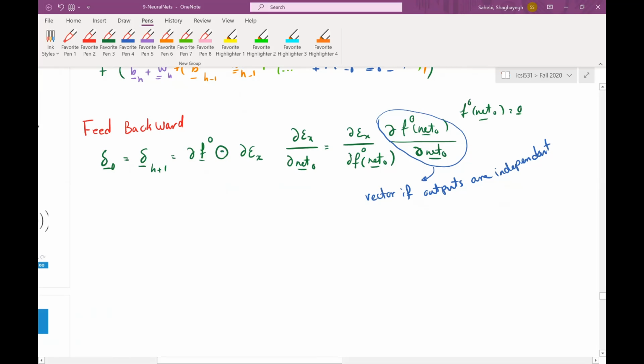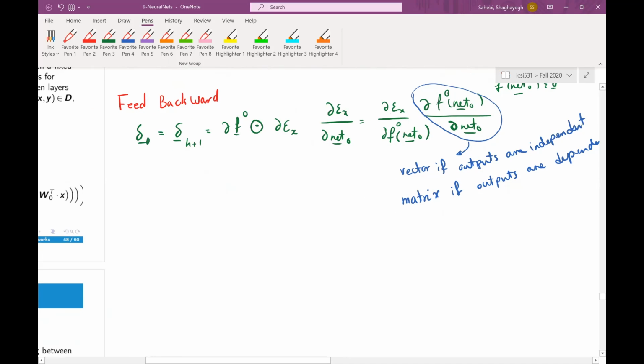But if they are dependent on each other, it's going to be a matrix. The matrix is going to look like this.